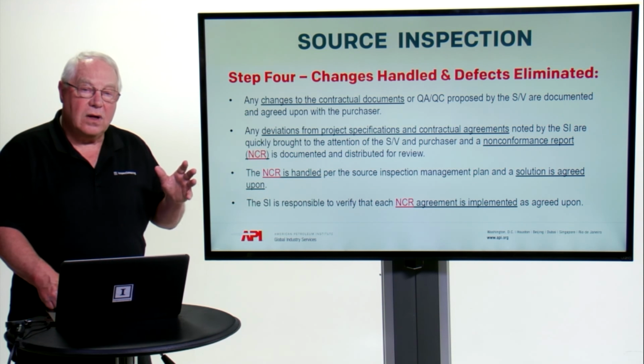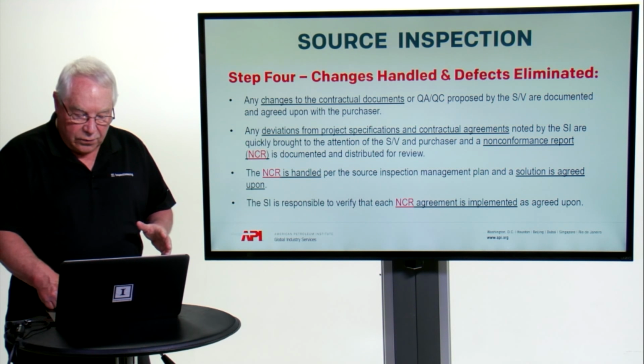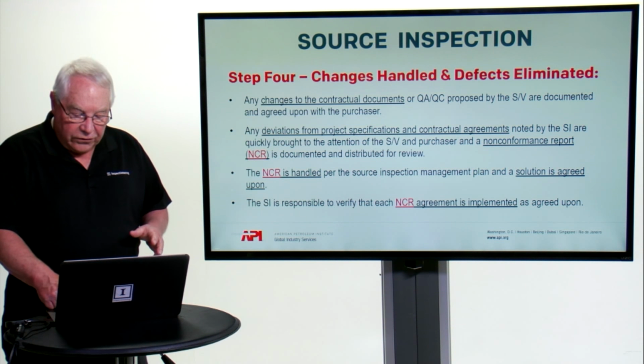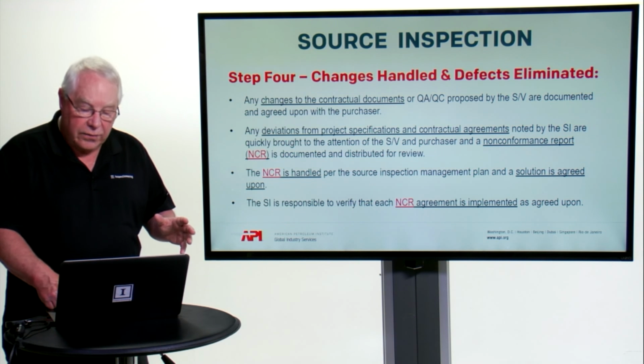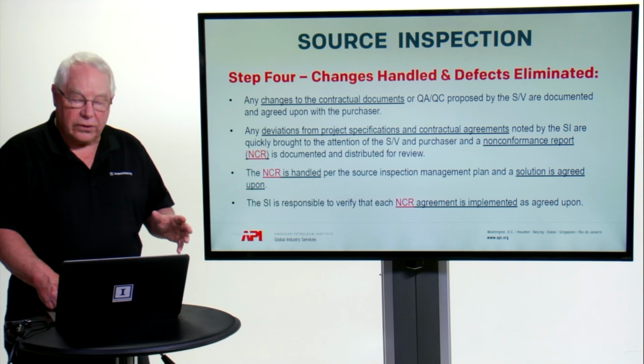And those potential deviations then have to be documented and distributed for review and approval by the purchaser in accordance with the inspection management plan. The source inspector is also responsible for making sure that the NCR then that is finally agreed upon is actually implemented as it was agreed upon.